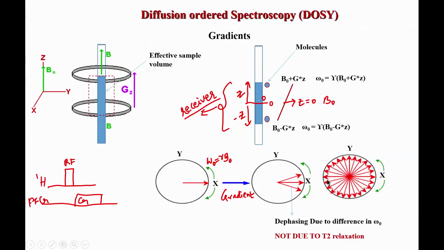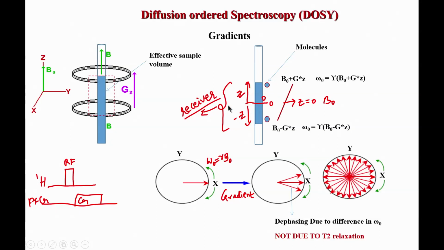Because of this spread of the omega value across the sample, there is a complete dephasing of the system. You can think of the arrow shown as a speed, and the oscillation frequency changes for every molecule, the same proton but located at a different region of the sample.